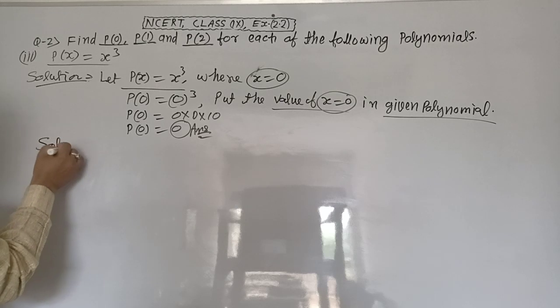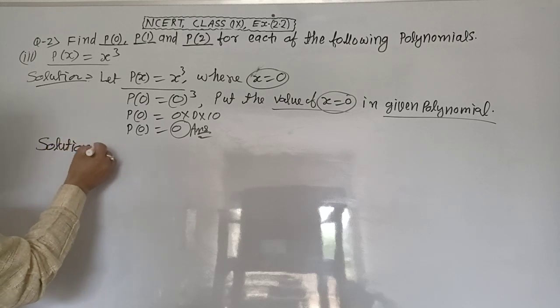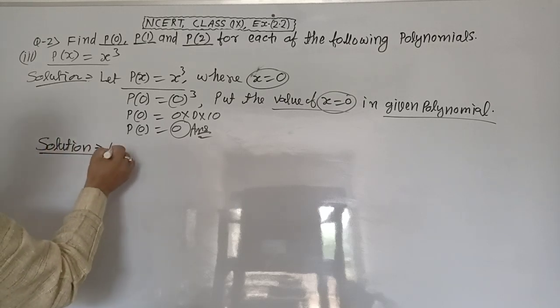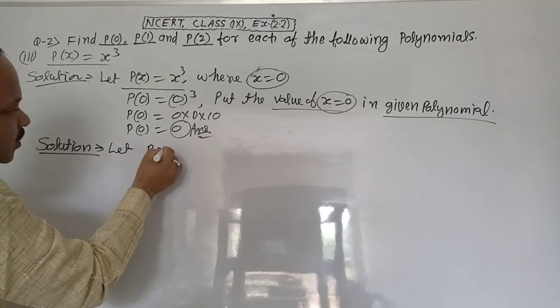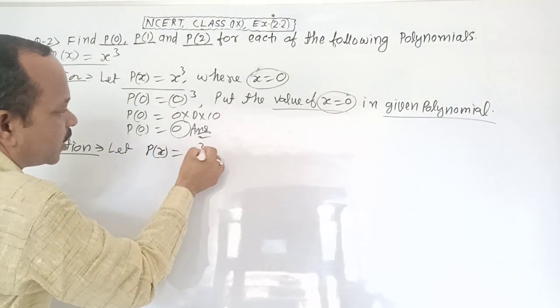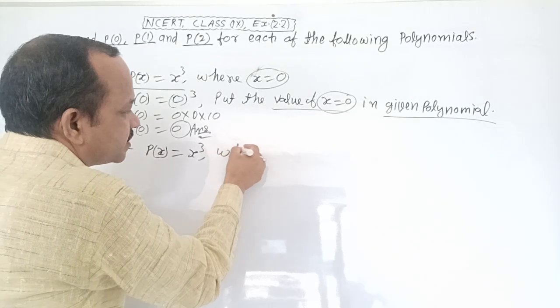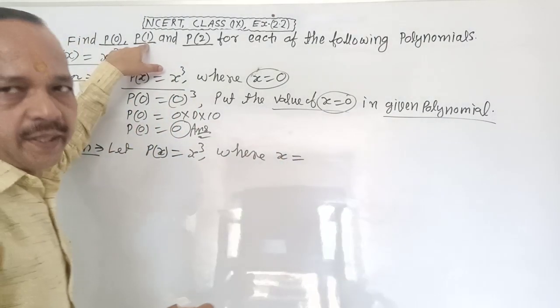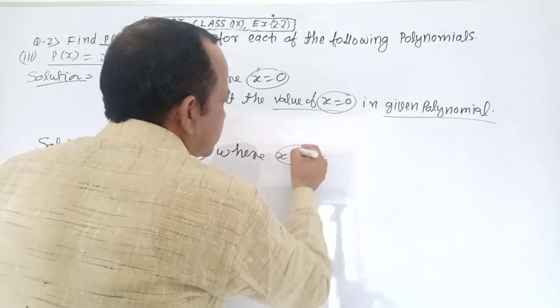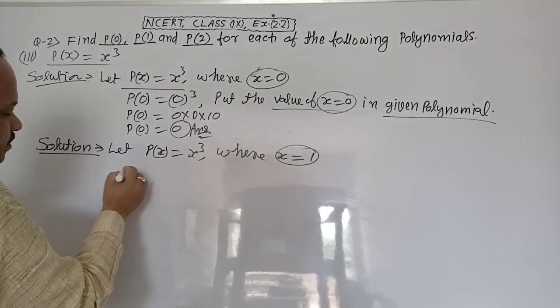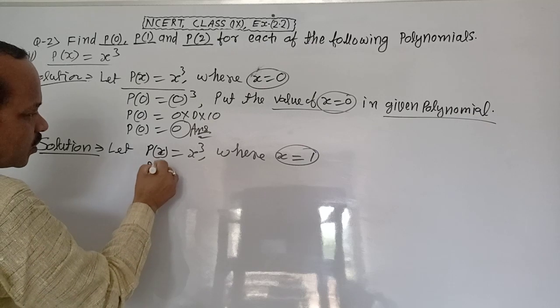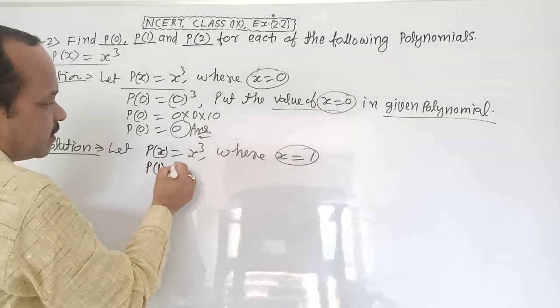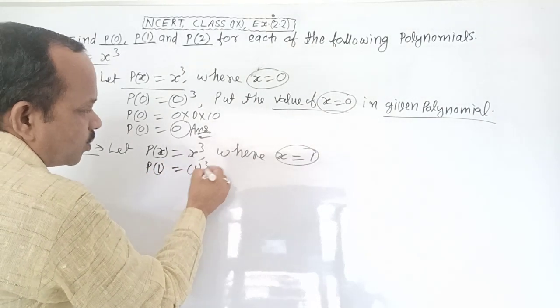Solution. Let p(x) equal x cube, here x equals 1. Now p(1) equals 1 cube.